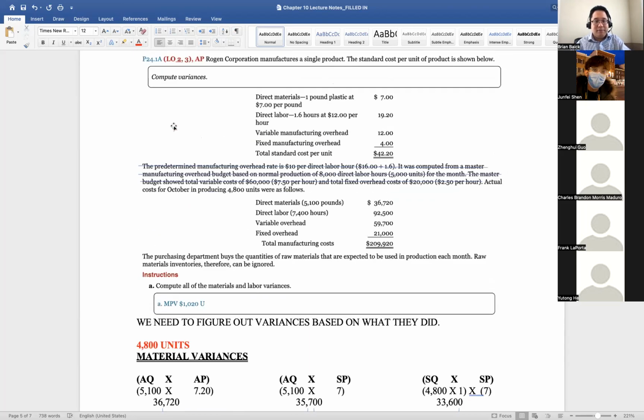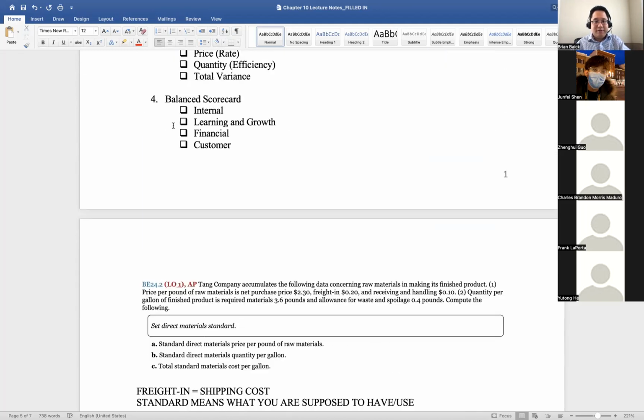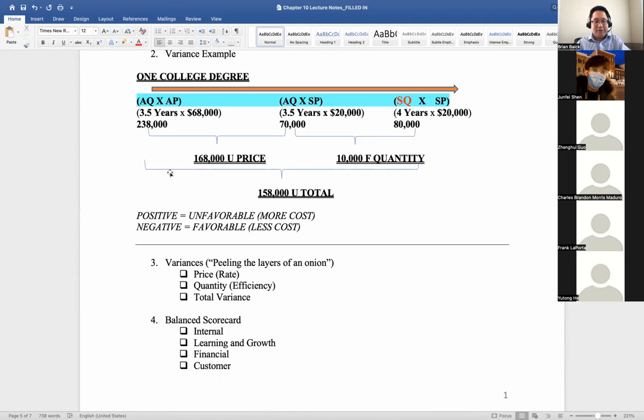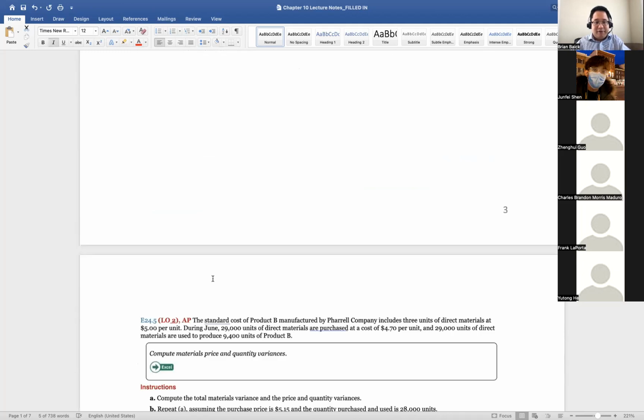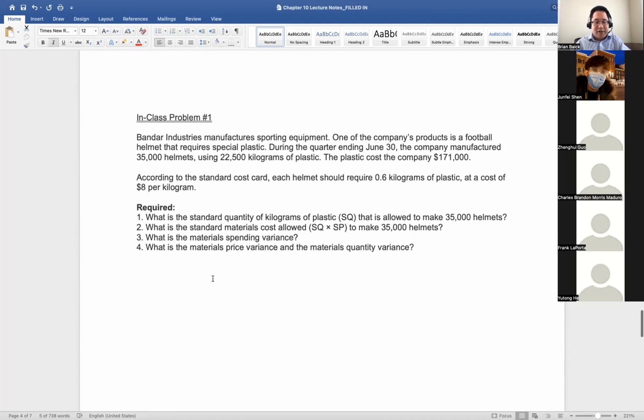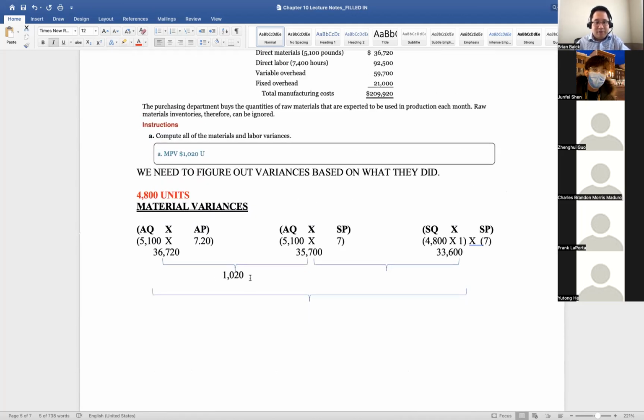Positive number means, from the notes, unfavorable, more cost. Good job. Thank you for that in the chat. So unfavorable, U. Make sure you label it: price variance equals 1,020U.